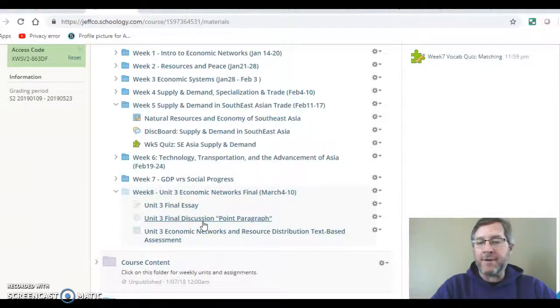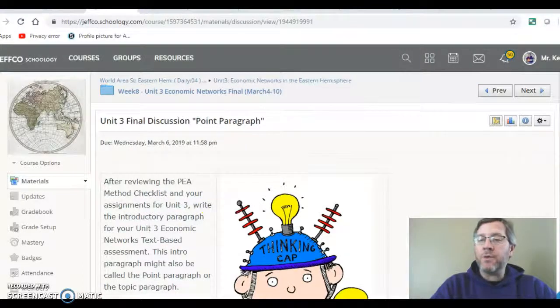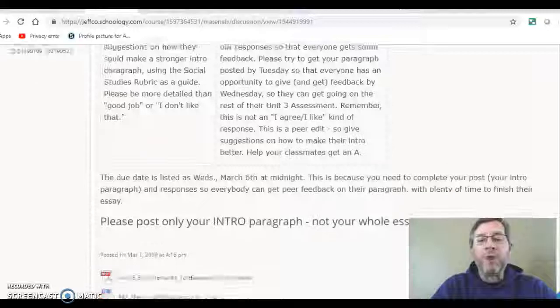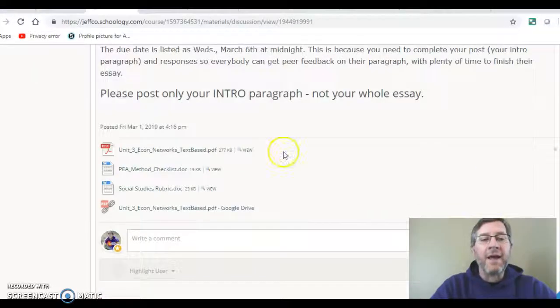Then you're going to reply to other people on the discussion board and give them feedback. So the first thing is the point paragraph, the Unit 3 final discussion. Go through all the directions very carefully and then post your introductory paragraph here.